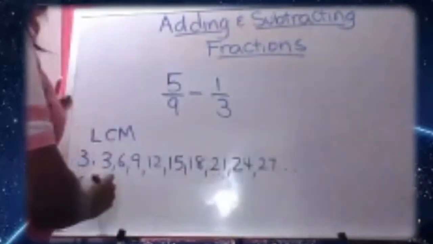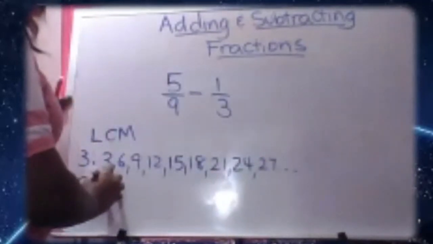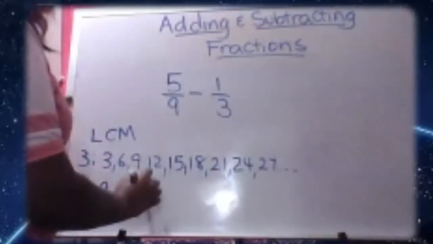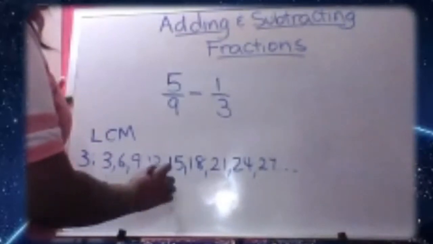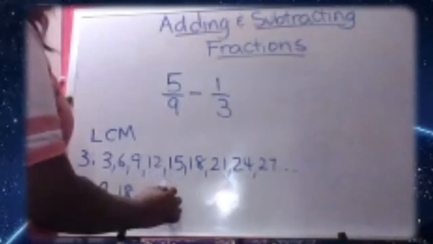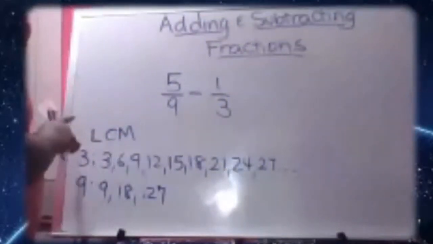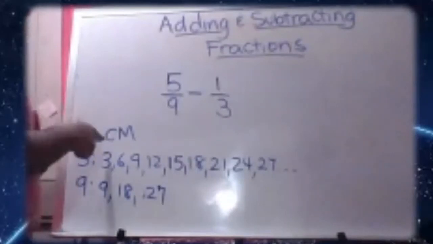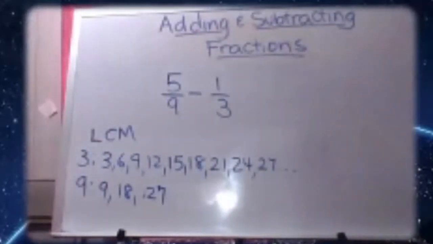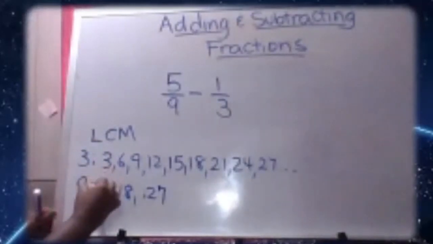If you count by 9s, 9, 18, 27, there are quite a few common ones, but we want the smallest one that they have in common. The smallest that 3 and 9 have in common is 9.